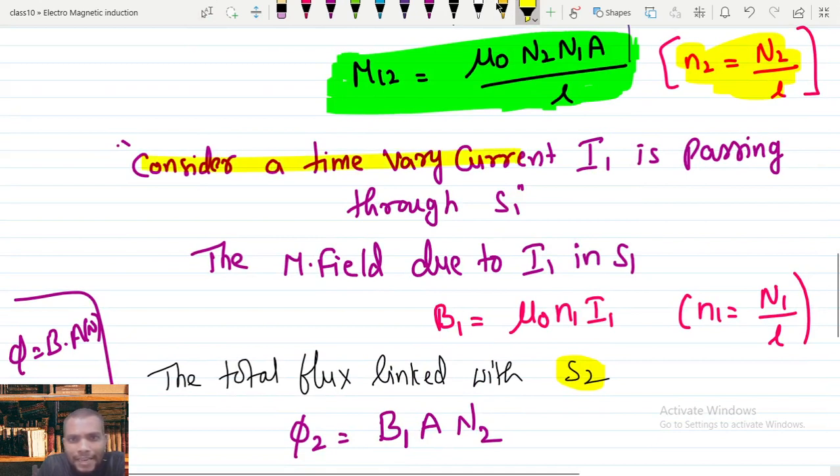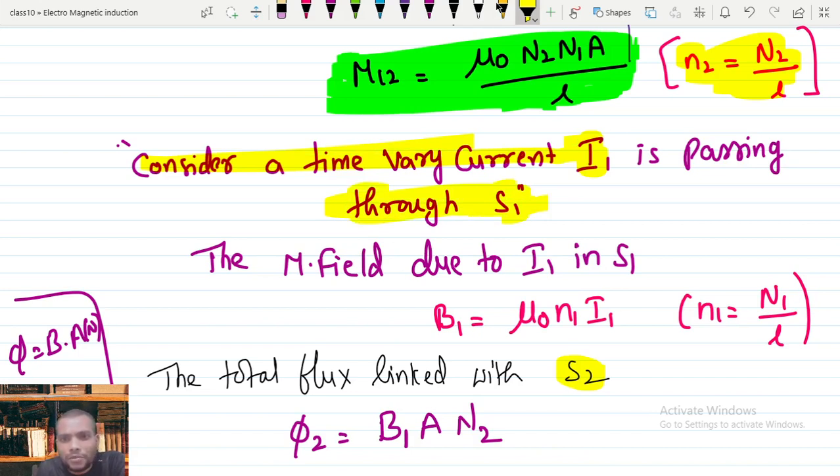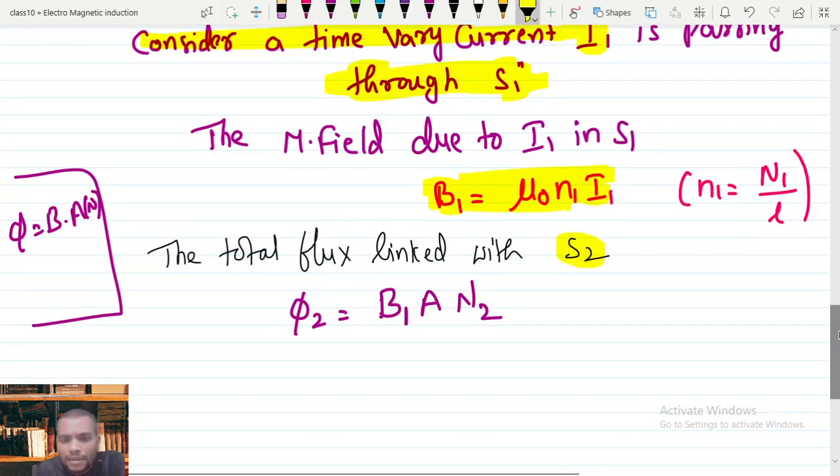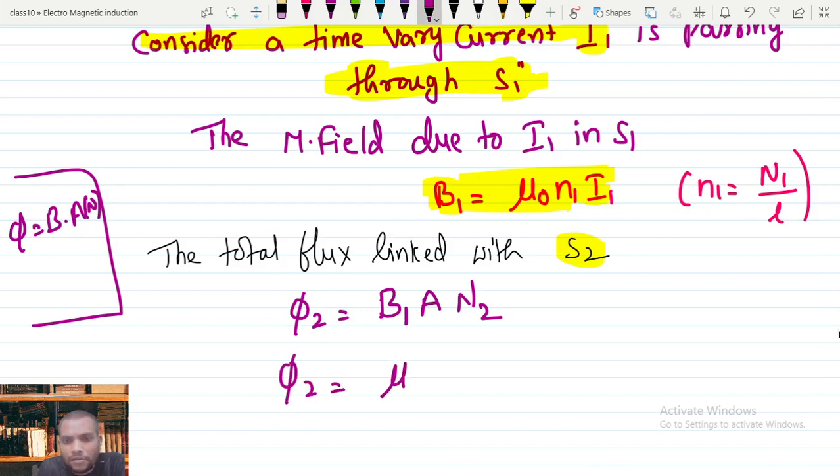Why is it so? Because we apply a time varying current I1 to solenoid S1. So now solenoid S1 only contributes magnetic field B1. So now the flux formula changes: phi 2 equal to B1 times A times N2. Now you can substitute the B1 value. So B1 value gives mu naught times little n1 times I1 times A times N2.